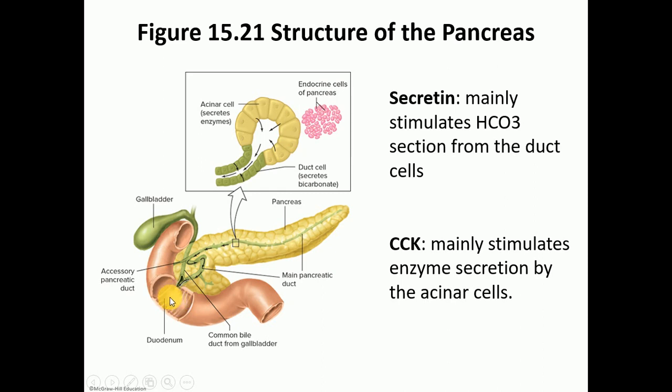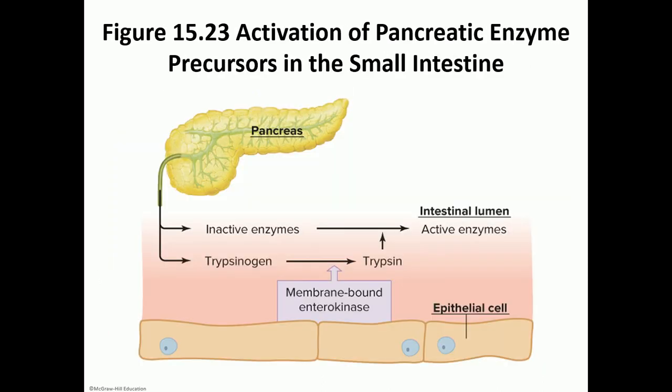They have to be activated by the cells of the duodenum. These cells have enzymes known as enteroenzymes, and these enterokinases are going to activate them. One example is trypsinogen being activated by enterokinase into trypsin.